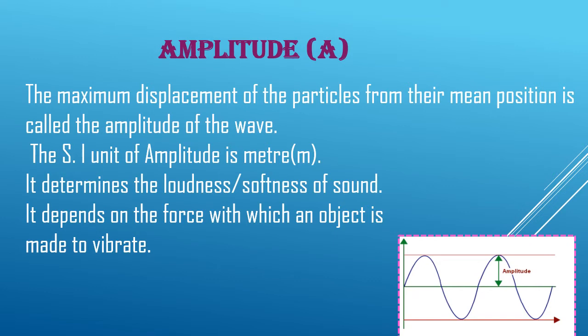That means if the particles are displaced more from their mean position, the sound will be loud, and if the particles are displaced less from their mean position, the sound will be soft. Amplitude depends on the force with which an object is made to vibrate. That means if more force is exerted on an object, the amplitude of vibration will be more, and vice versa.